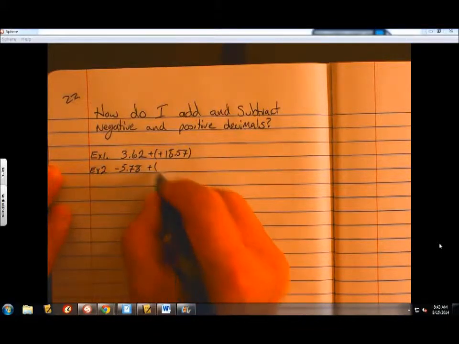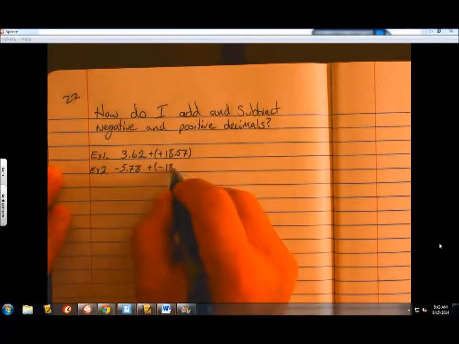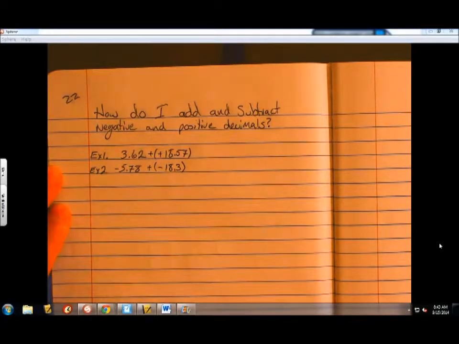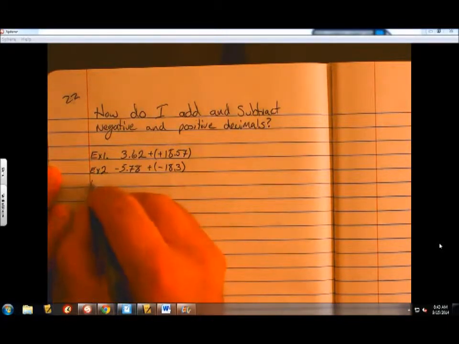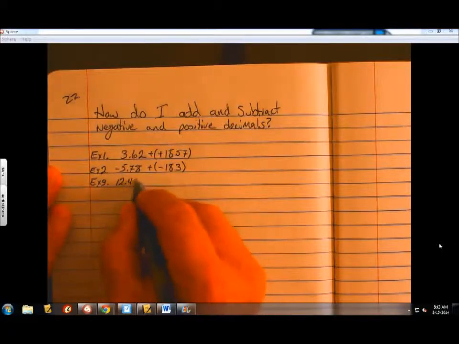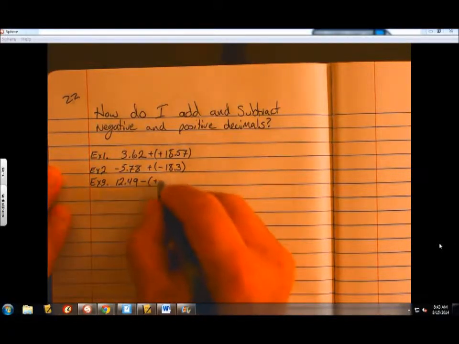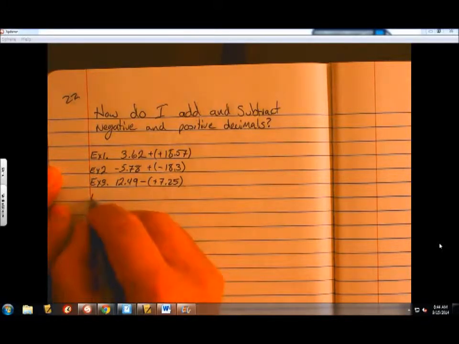Again, we're going to add. This time we're going to add a negative 18 and 3/10. Example 3, 12 and 49 hundredths. We're going to subtract this time. A positive 7 and 25 hundredths.